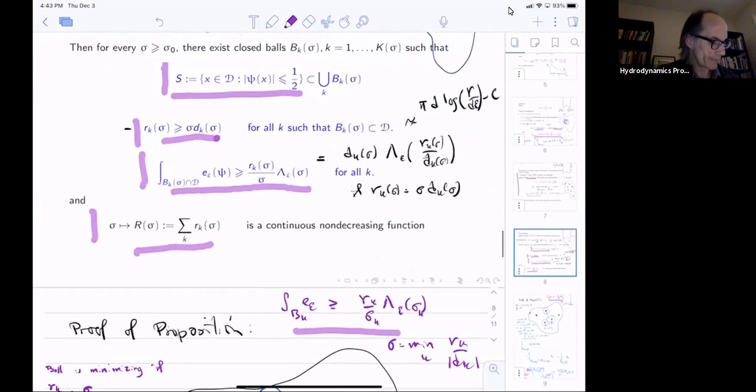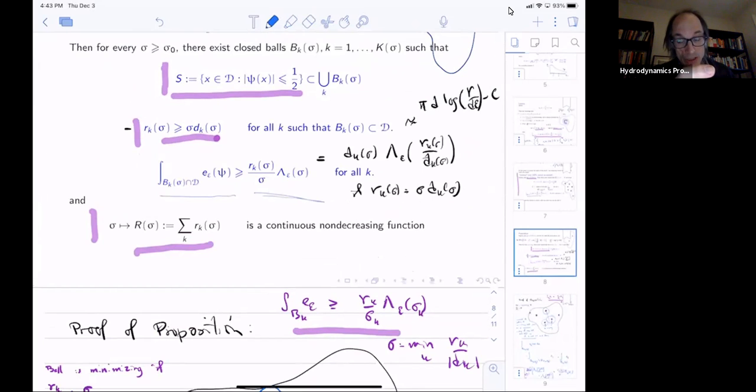Let's say again, I'm increasing sigma from some sigma 1 to sigma 2. If I look at this inequality, the left-hand side isn't changing because it's just the same ball. I'm not doing anything. On the right-hand side, as I increase sigma, remember we said that 1 over sigma lambda of sigma is a decreasing function of sigma. So I'm just getting a worse estimate, but it's always true.